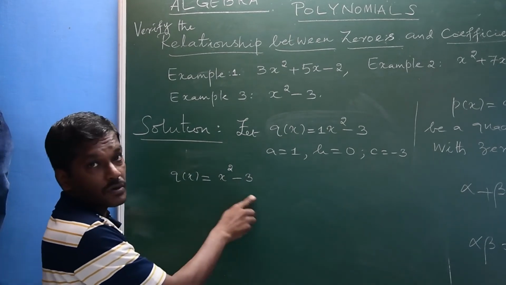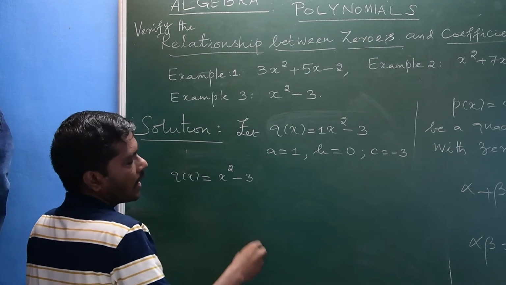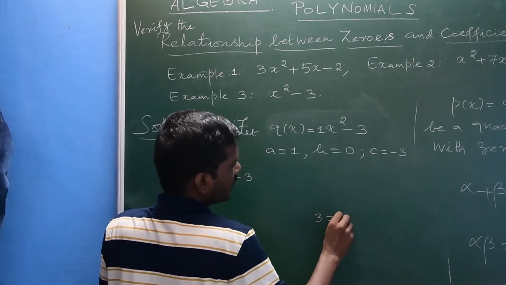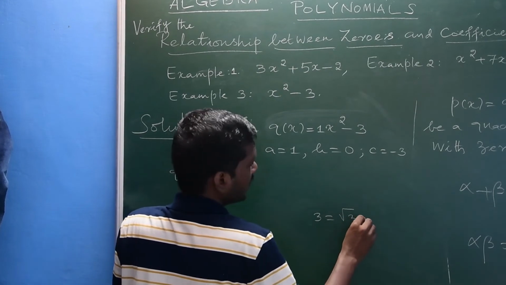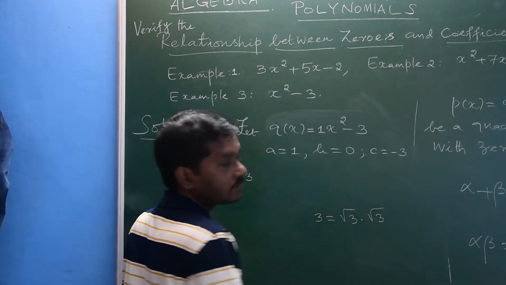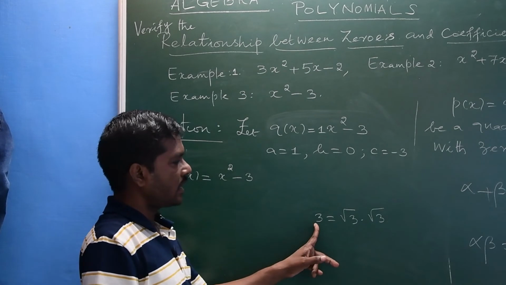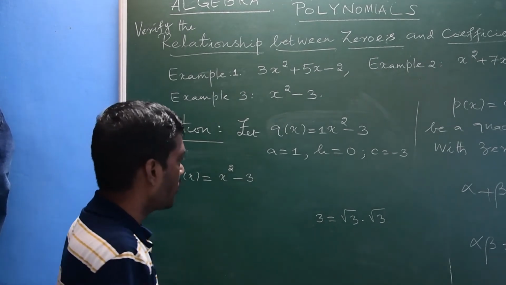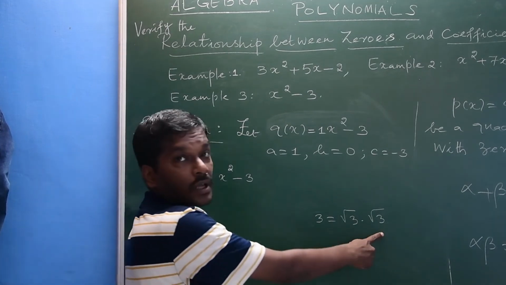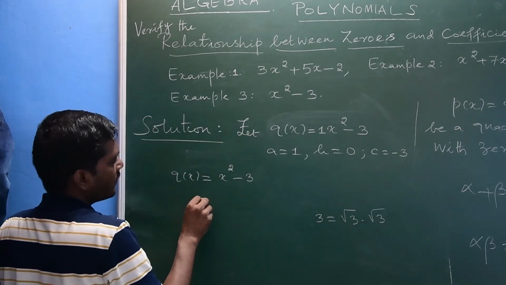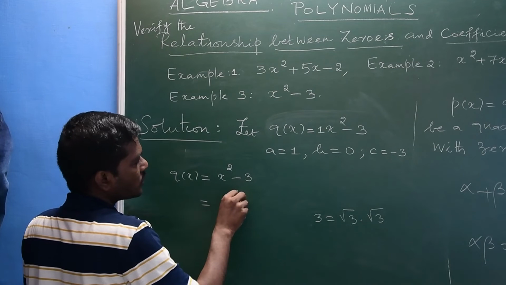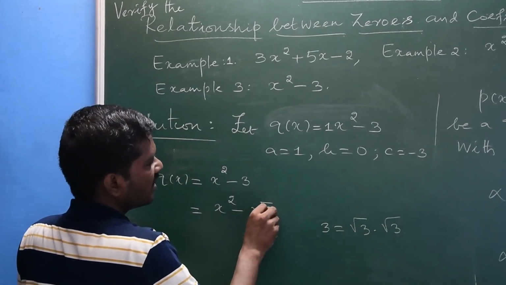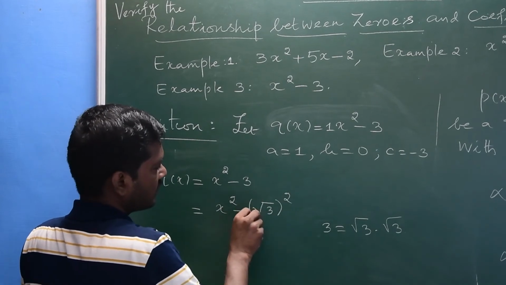How do we find the zeros of this polynomial? You know that 3 can be written as root 3 times root 3. So this is x square minus root 3 whole square.